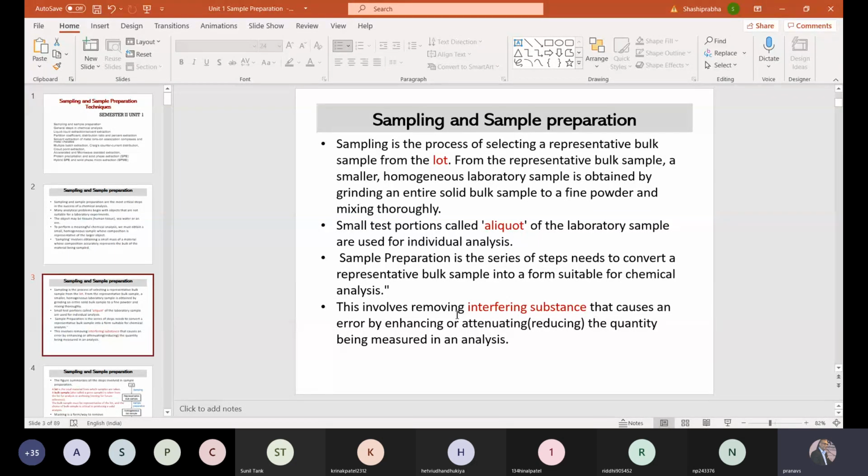So when the composition changes, the presence or absence of interfering substances is always there. Their concentration is also a problem. So we need to remove this before we move on to actual analysis using an instrument.